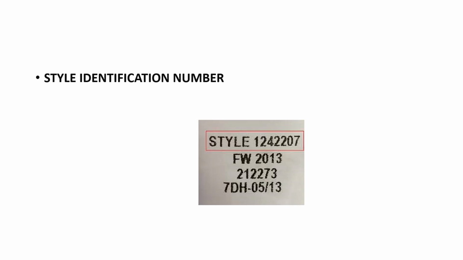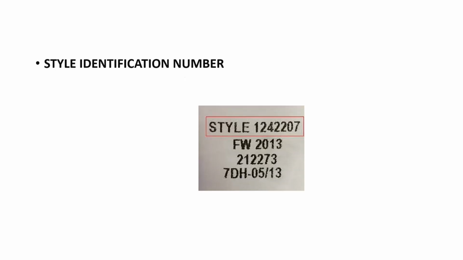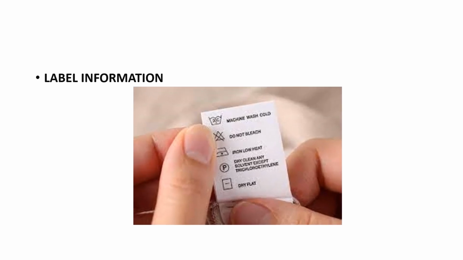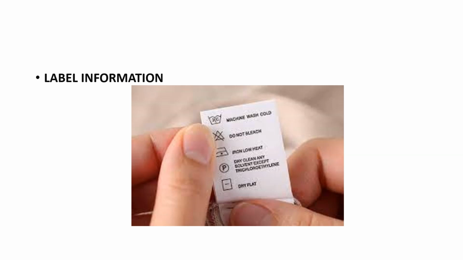So that style identification number must also be there in element 4 under this specification sheet. Garment making instruction, how the garment has to be prepared, must be clearly specified and become part and parcel of this element 4. The label, the placement of the label, label information is also important in this area, and what information is available, like in this particular example the care label instruction is there.